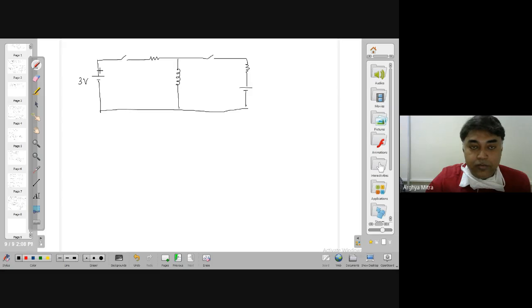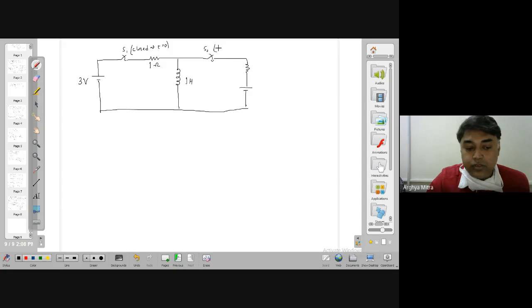So this is 3 volt. A switch S1 is there, which is closed at t equal to 0. This is 1 ohm. This is 1 Henry.